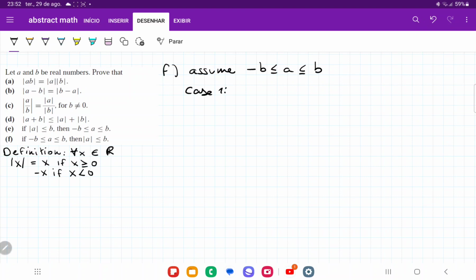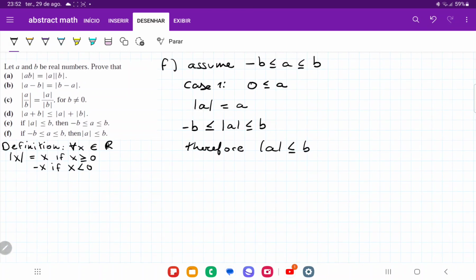So case one, we're going to have where A is greater than or equal to 0. So when A is greater than or equal to 0, the absolute value of A is just equal to A, right? And so if the absolute value of A is just equal to A, it means that A is less than or equal to B. Therefore, the absolute value of A is less than or equal to B. So I've just kept the right-hand side of my inequality, and I have proved that.